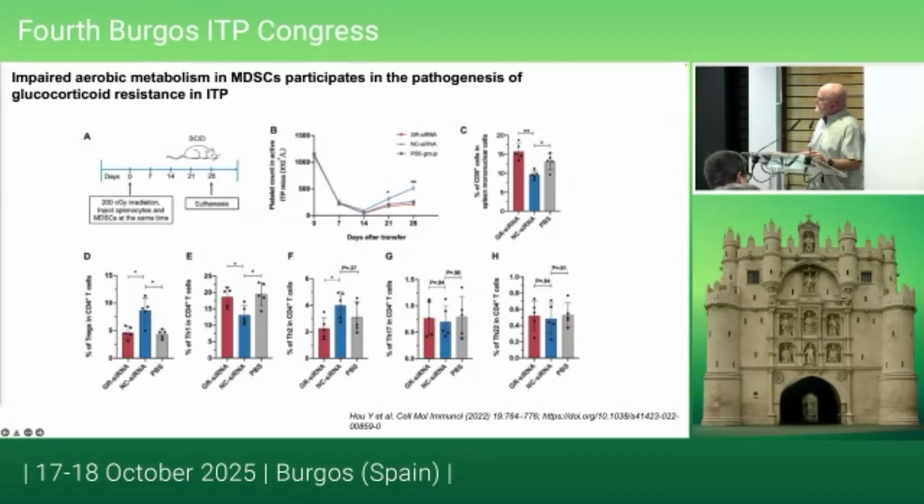And these are all the different subsets that seem to change in number based on whether or not you inhibit the glucocorticoid receptor. So we can really get to a protein level and a molecular level in these animals to try and tease out various mechanisms of potential refractoriness.